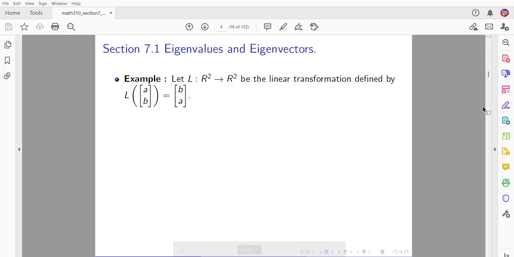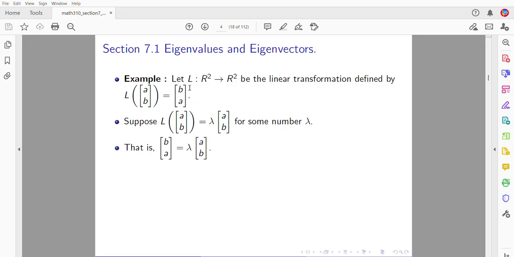Okay, let's look at another example. L is the linear transformation defined by the vector (a, b) goes to the vector (b, a). That is, I'm flipping a and b. Now, L of (a, b) should be lambda times (a, b). That's what it means to be an eigenvalue. L of a vector is lambda times the same vector. L of (a, b) is (b, a). So (b, a) is lambda times (a, b).